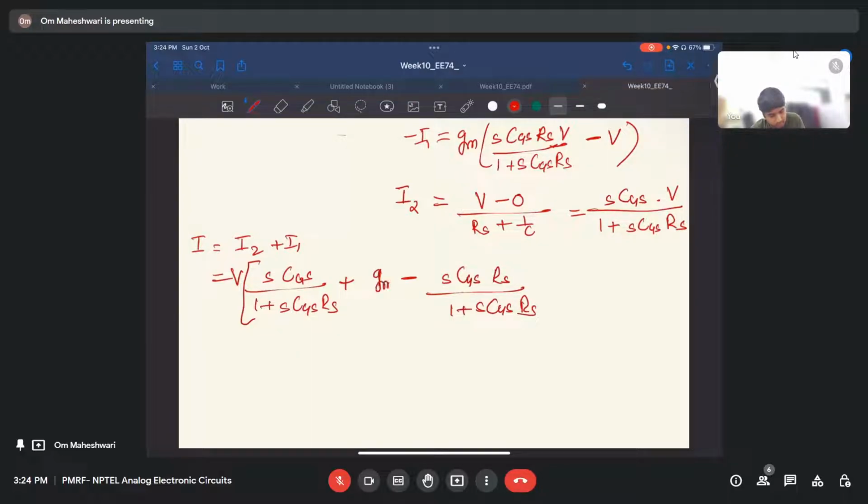It will be GM here. Is this correct? Am I missing something?